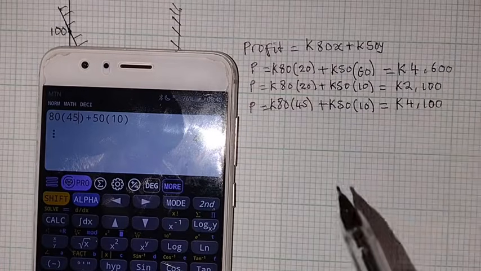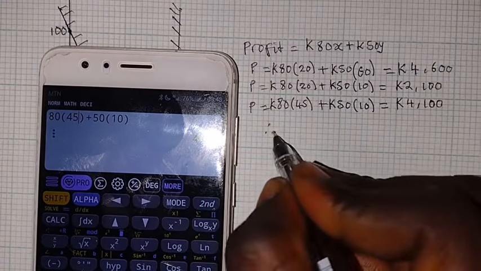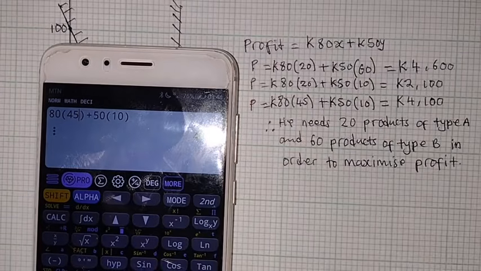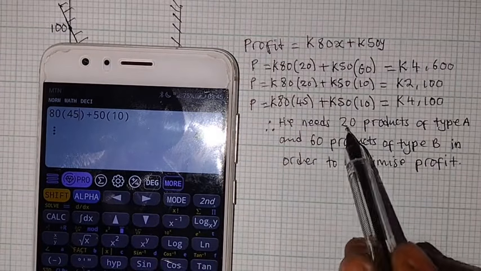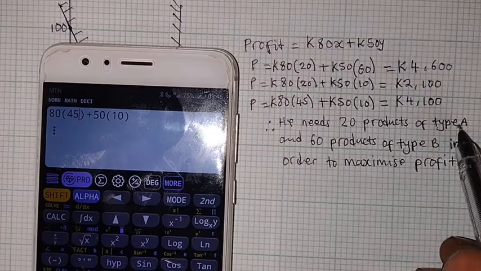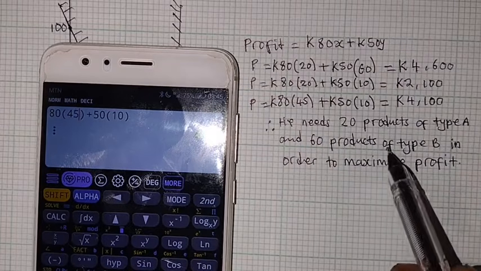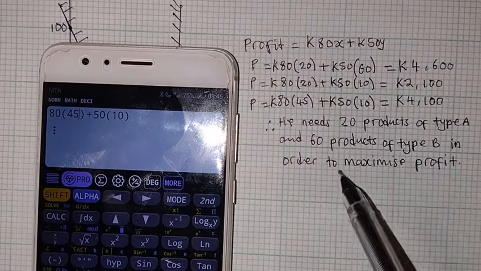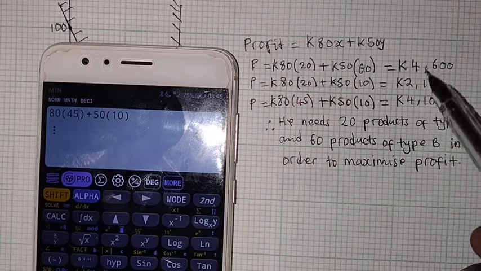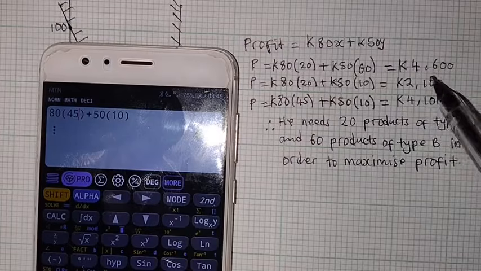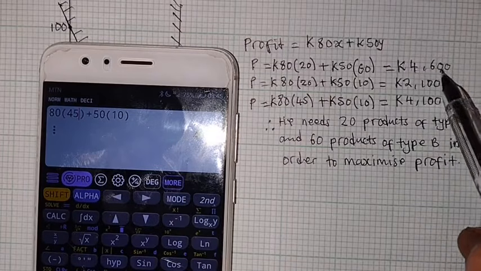So we are just going to make a statement, and your statement will just say, therefore. All right, so this is how you are going to write your statement. It needs 20 products of type A and 60 products of type B in order to maximize profit. So why are we saying this? Because we are looking at these profits that we have. Which one is the highest? It's 4,600.